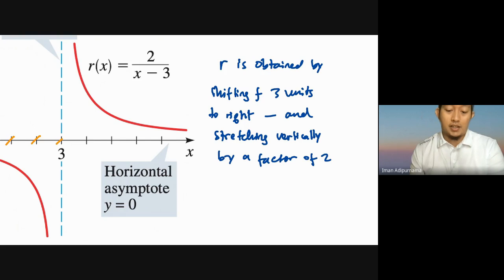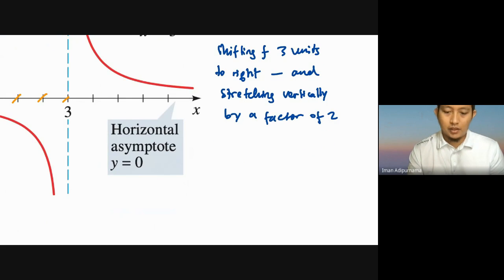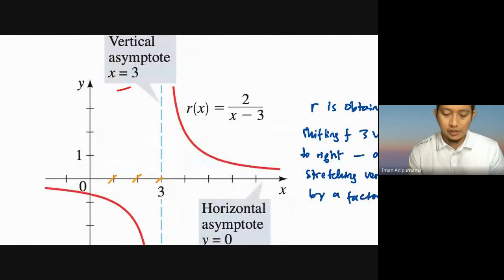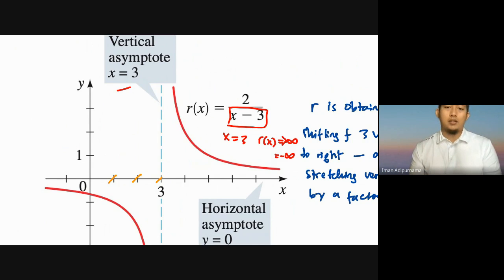So if the question is asking about 1 over x, and wants you to describe how the functions transform, this is what you can write. So shifting and then stretching. And it has the vertical asymptote x equal 3, as you may see from here. When x equal 3, R(x) will be going to infinity, or negative infinity, depending on which part you are in.